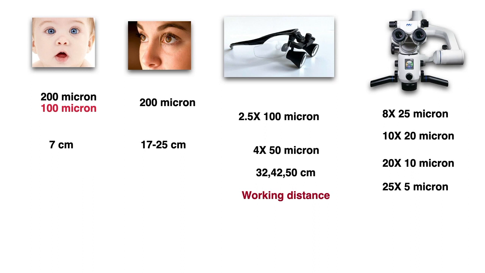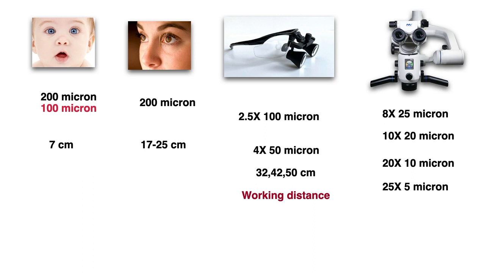With dental loupes 2.5x, we are able to see 100 micron. With the 4x, we are able to see 50 microns. With the 3.2, this is the working distance of the dental loupes.